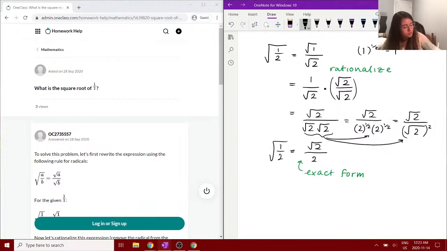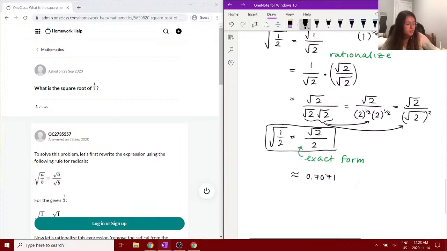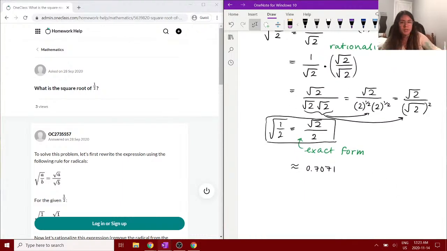So the square root of 1/2 is the square root of 2 over 2. Or if you want to plug that into your calculator, then you get an estimated value. I say estimated because there are following decimals, but this is the evaluated answer.